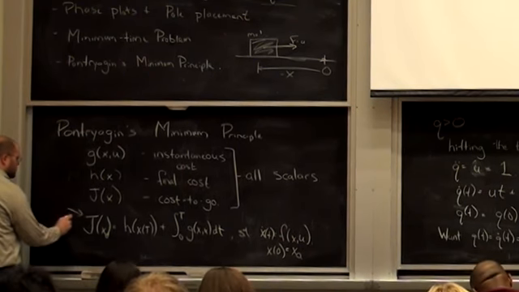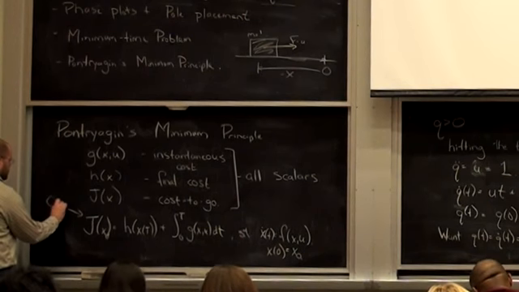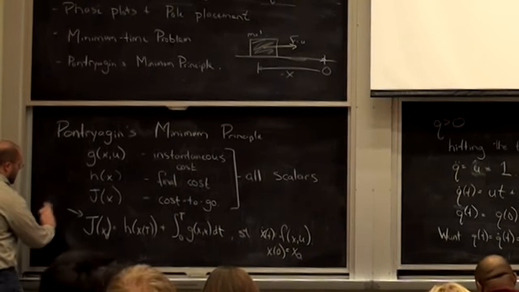This is a general cost function, sort of cost to go function form for optimal control.